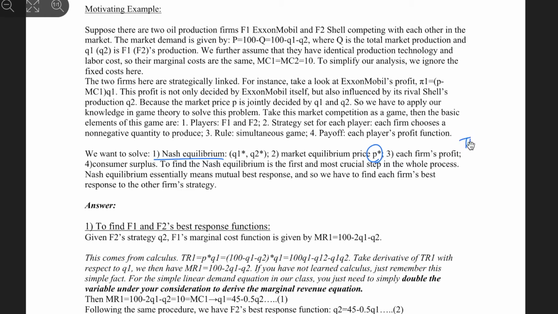We want to know profit 1 and profit 2. And 4, we want to know the consumer surplus CS, and we can move on to social welfare also as number 5, right? Okay, so how can we find the Nash equilibrium?